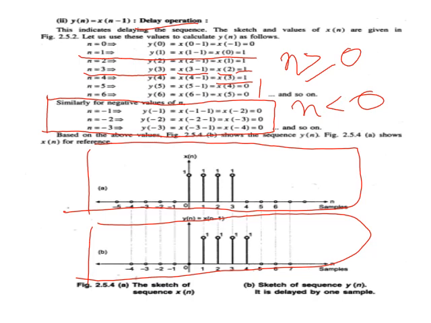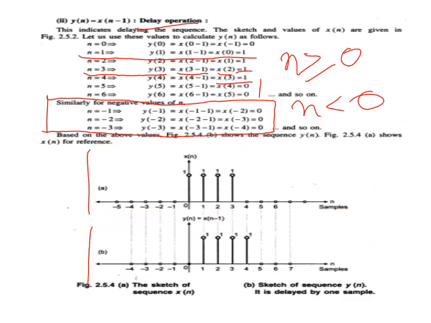From the diagram you will see here, the original is x of n, the shifted is x of n minus 1. If you carefully observe both the signals A and B, you will find that the second signal B, the delayed signal, is shifted by one sample, and this is the original signal.